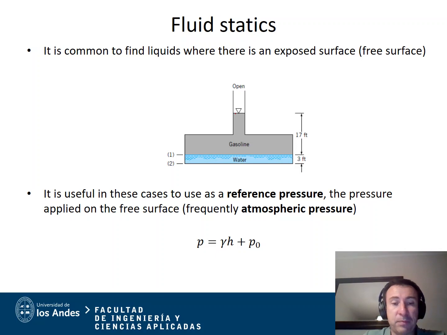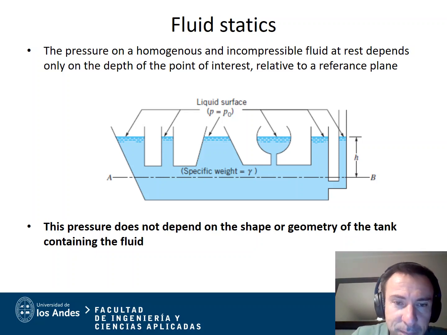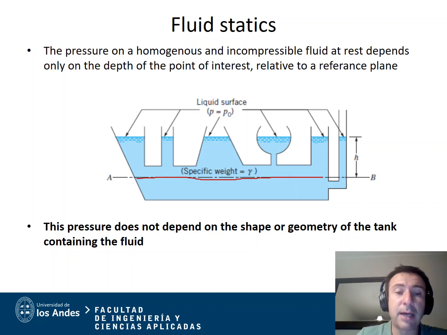So, what I wrote here: it is useful in these cases to use as a reference pressure the pressure applied on a free surface, frequently the atmospheric pressure, which is what we feel here. And the other important thing is, if I ask you, can you tell me the pressure at this line?